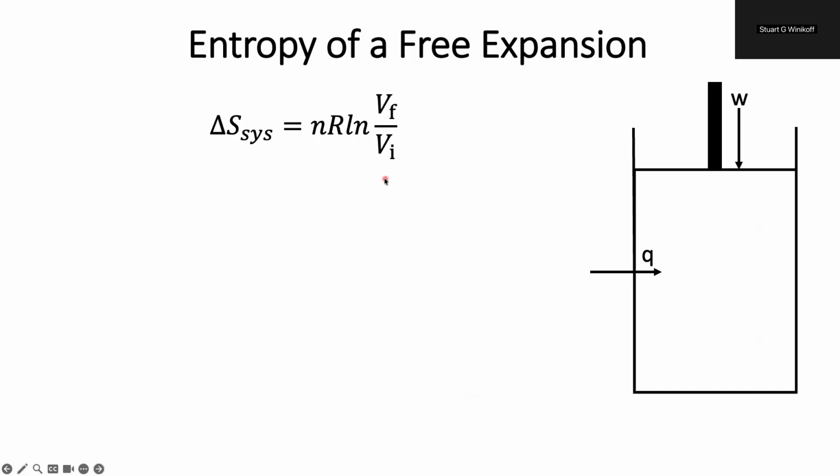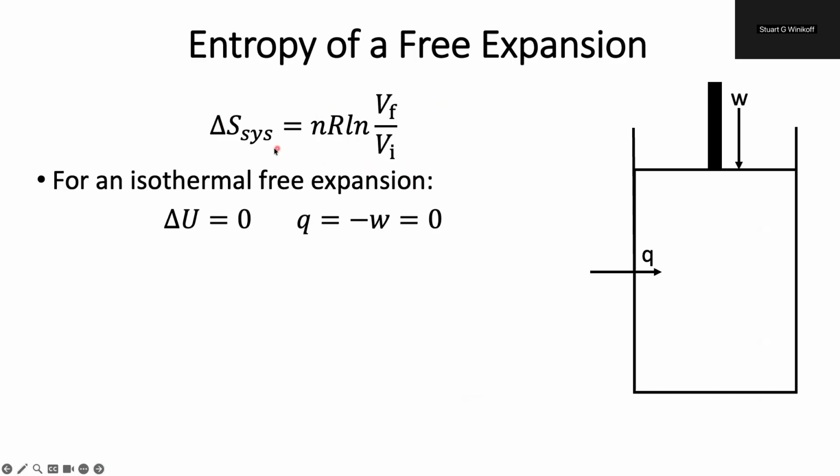But what will change is going to be the entropy of the surroundings because that's going to be based on the heat. And if I have an isothermal system, again, assuming an ideal gas, that means my internal energy won't be changing. And if the internal energy won't be changing, that means that the heat is just the negative of the work. But it's a free expansion. And free expansions mean the system does no work.